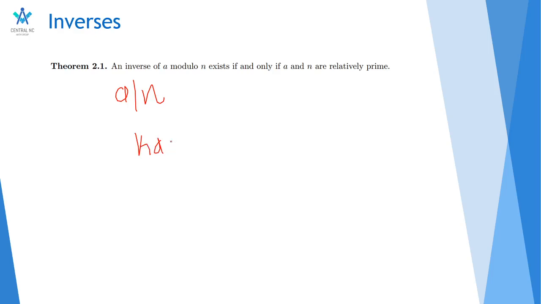If there's an inverse k for a such that ka was congruent to 1 modulo n, or it was congruent to nc plus 1, n times some constant c plus 1, well, that means that a has to divide into nc plus 1.